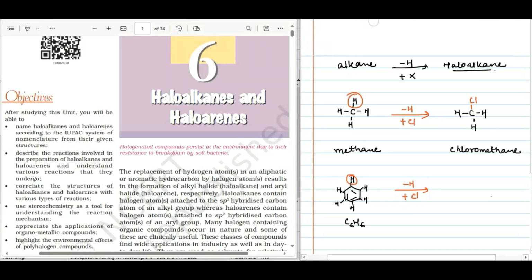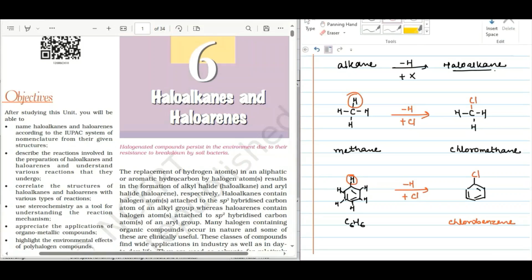So here I will get benzene in which one of the hydrogen is replaced with chlorine. Now this becomes haloarene, and the name will be chlorobenzene. This was benzene, and from benzene when you replace one of the hydrogen with halogen, you will get haloarenes.